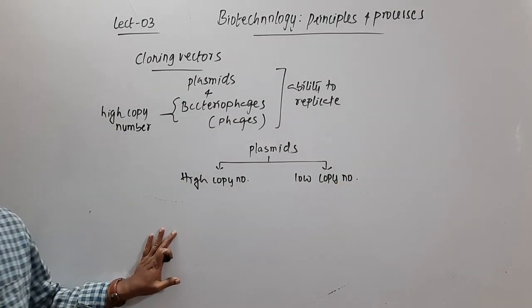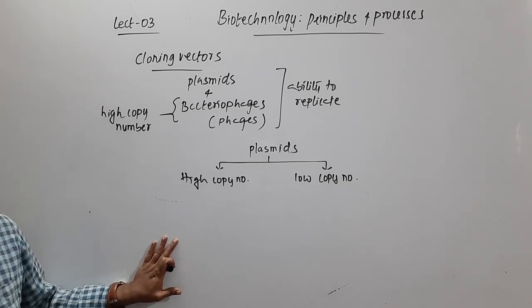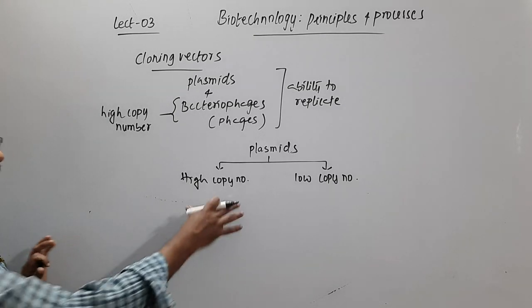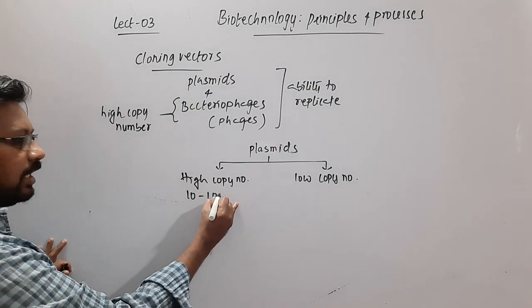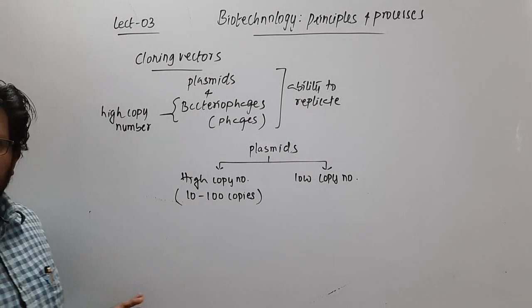The high copy number may have 10 to 100 copies within the bacterial cell.